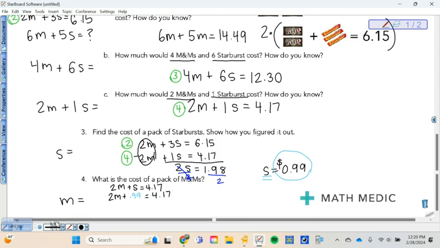And now how do I solve for M? Subtract the 99 cents and go to the other side. What's 417 minus 99 cents? 318. And then what do I do? Divide by what? So what does M equal?